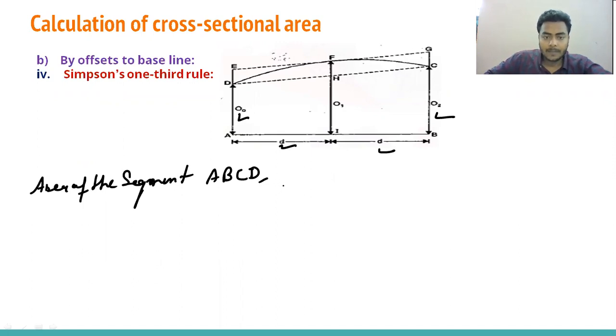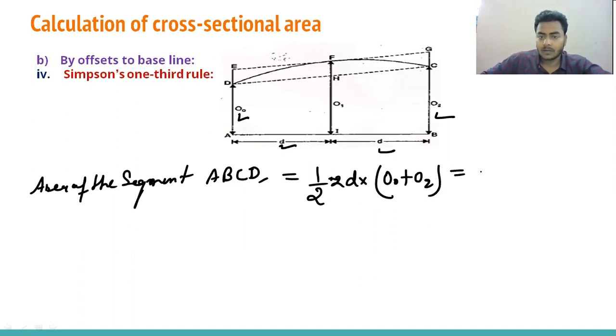So we can write it as half into the distance between these two, which is 2D, and the summation of the parallel sides, O0 plus O2. So we can write O0, O2 into D. 2 will be cancelled.